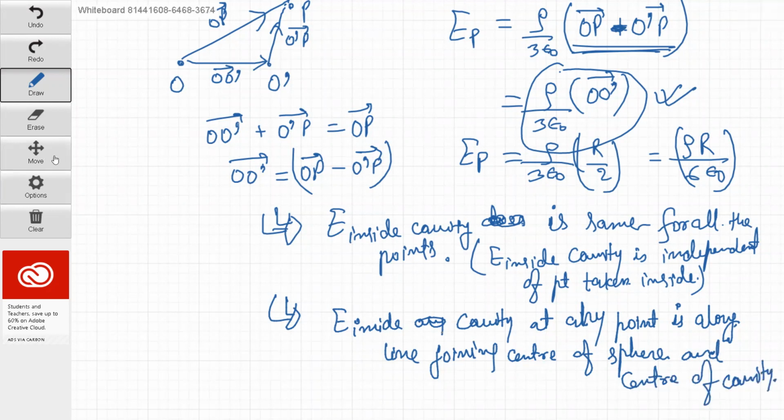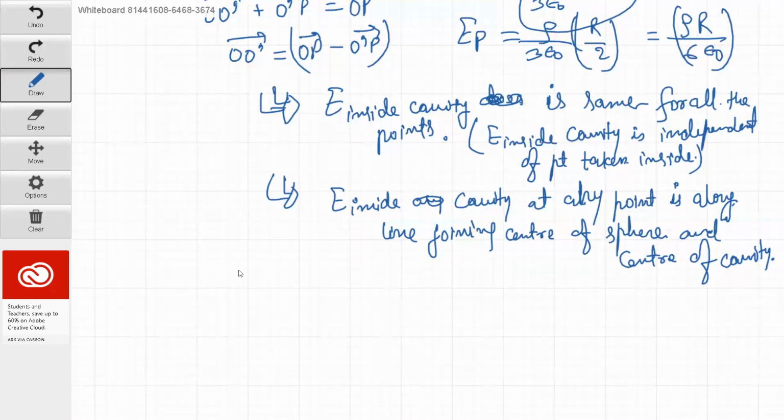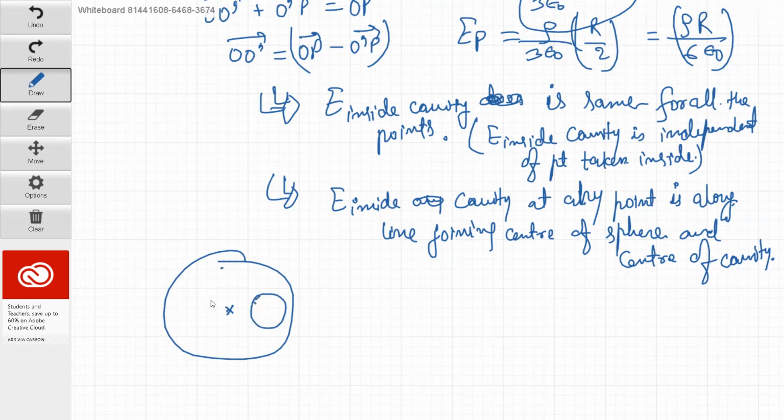What I mean to say by this point: suppose this is a sphere and suppose this is the cavity, and this is O and this is O dash.